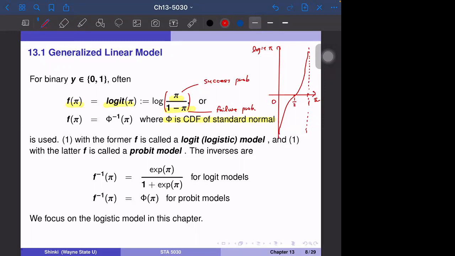So if we think about the inverse CDF of any probability distribution, then we can define that function as f of pi. With the normal distribution, the good thing is that it has a more natural interpretation statistically or probabilistically. The downside is that phi inverse does not have a specific analytic form, so it's not as easy as calculating log of pi over 1 minus pi.